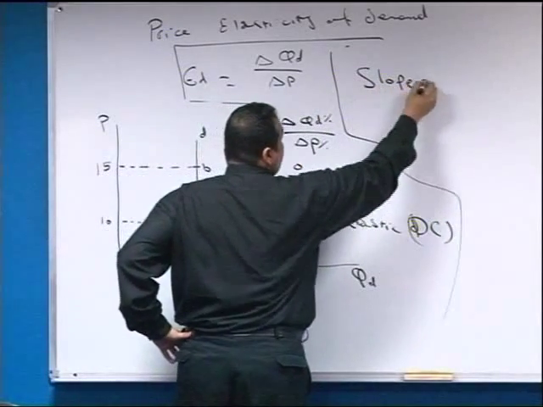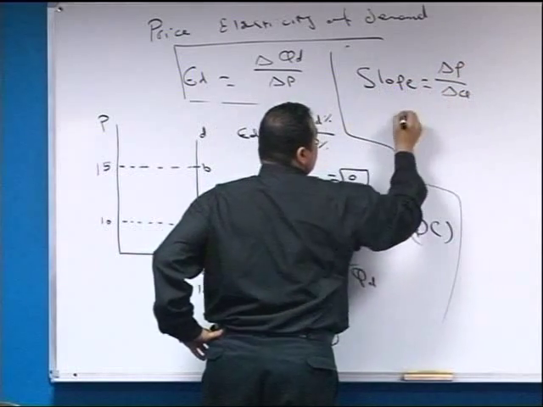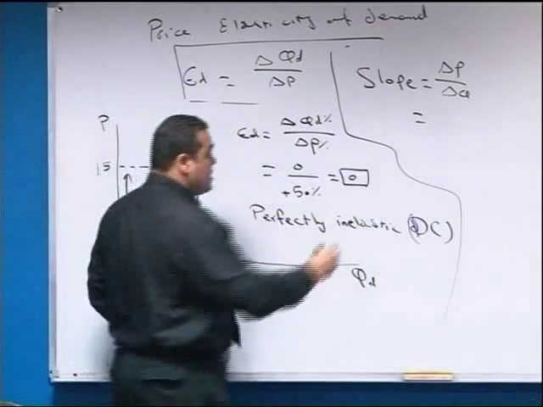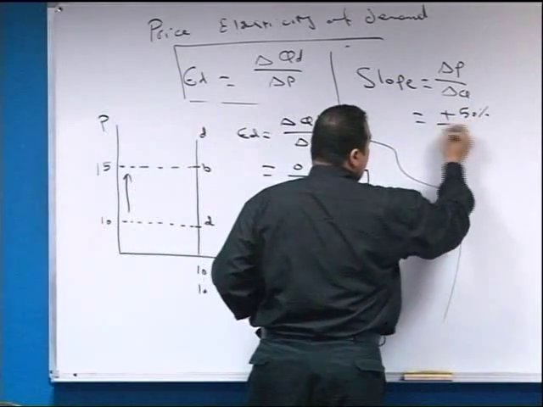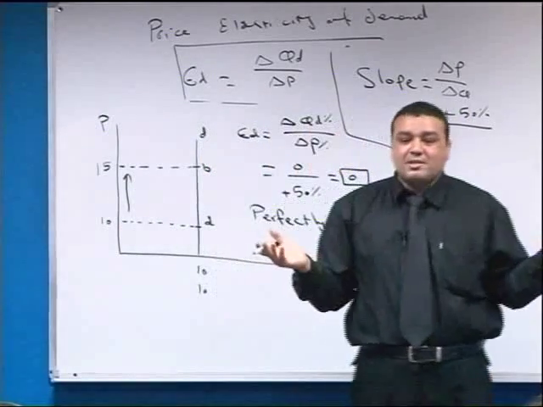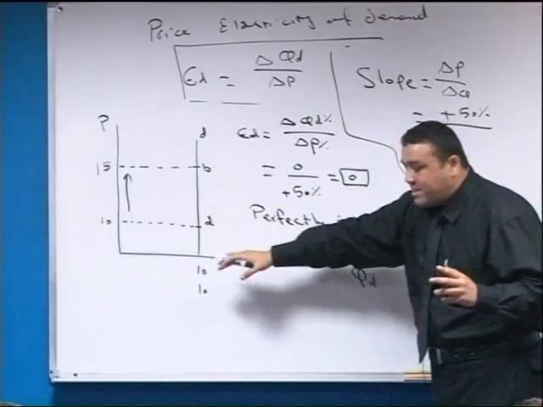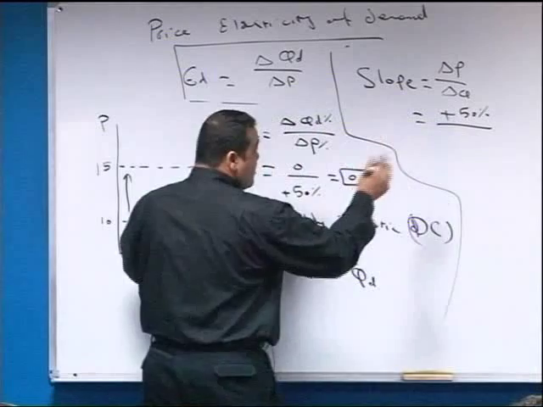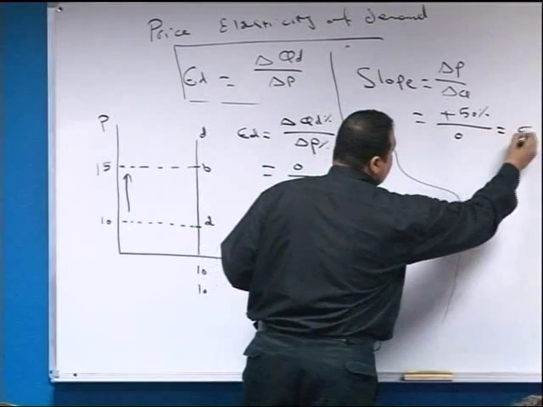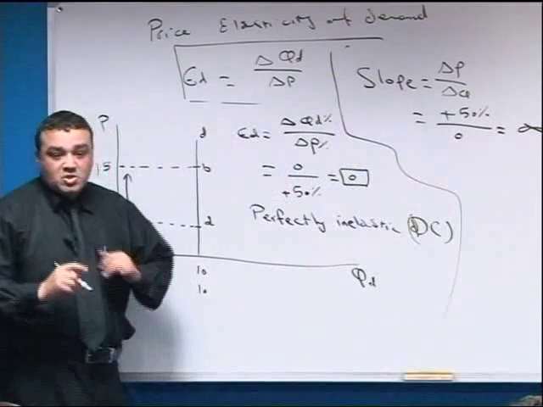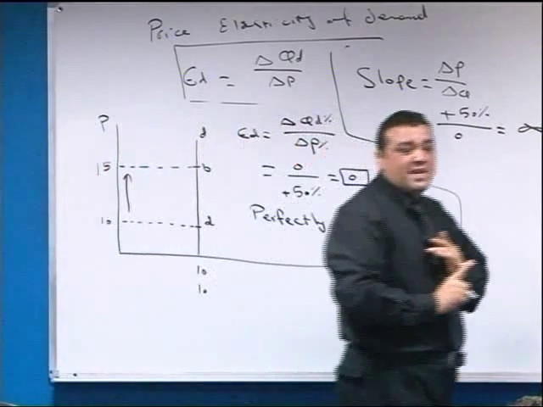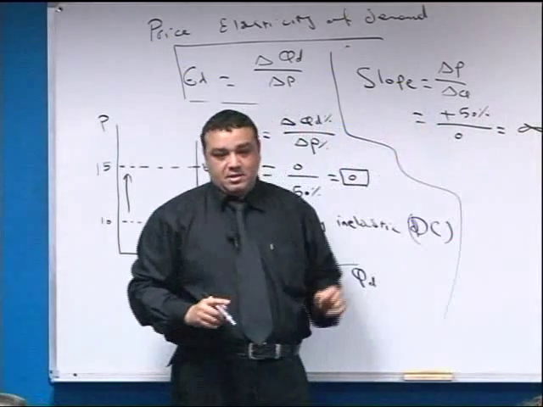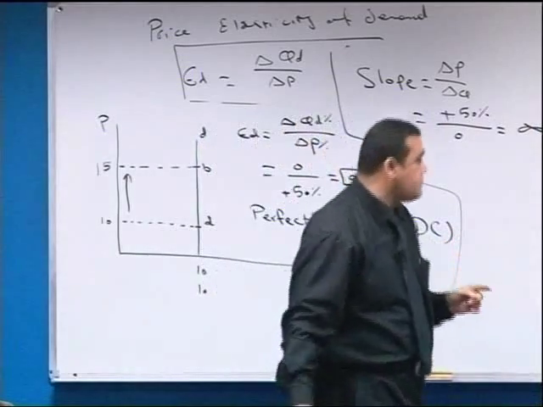Slope equals delta P over delta Q. Delta P is an increase in the prices by 50%, over no change in the quantity demanded, because the old quantity demanded is 10 and the new quantity demanded is 10. So the change in the quantity demanded equals 0, so it would be infinity. If the demand curve is perfectly inelastic, the slope equals infinity.